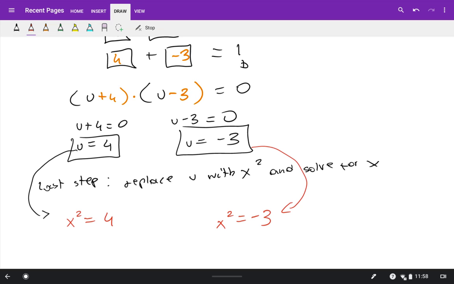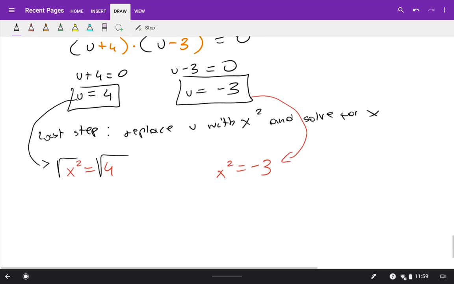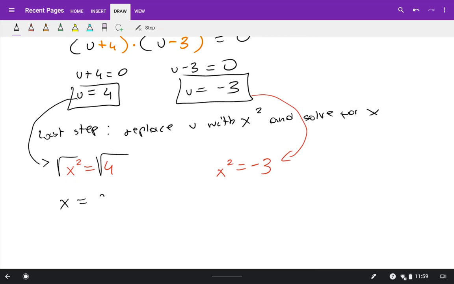So let's solve the first one. To solve the first equation, you're going to take the square root of both sides. So you have x equal 2 and x equal negative 2. Now here, x to a second power equal negative 3. This one has no solution, because there's no way that a number brought to an even exponent will give you a negative.